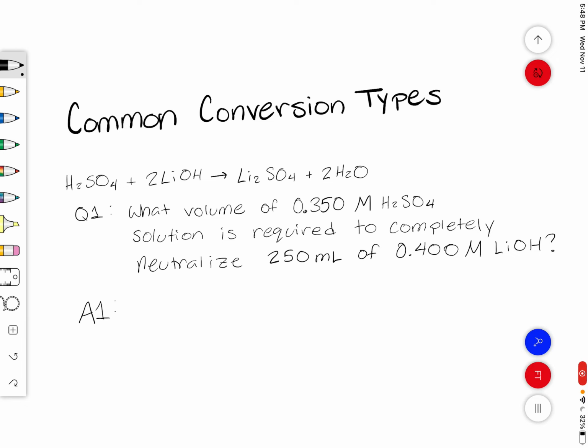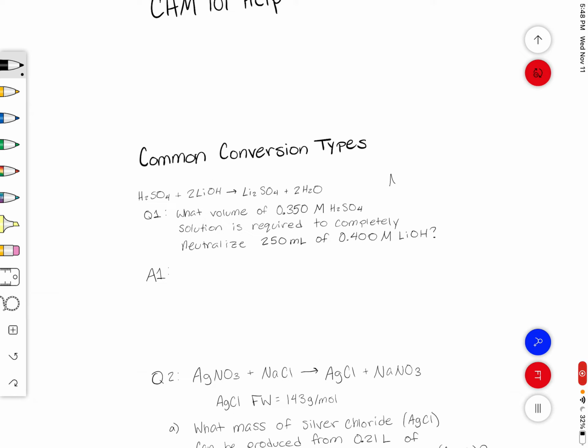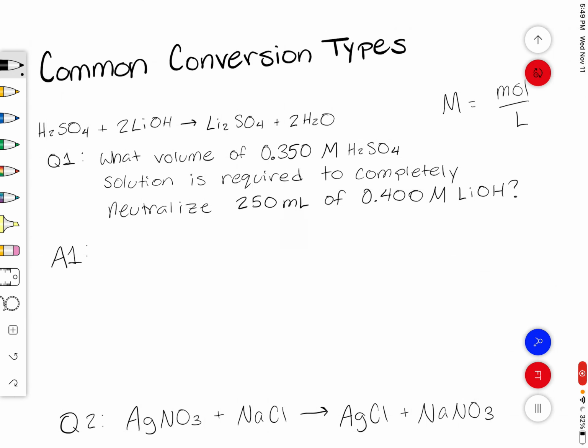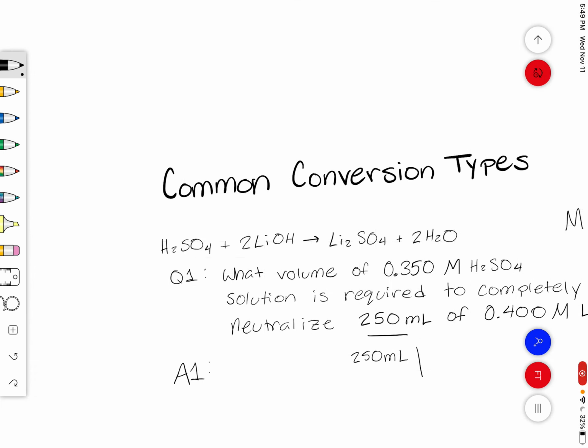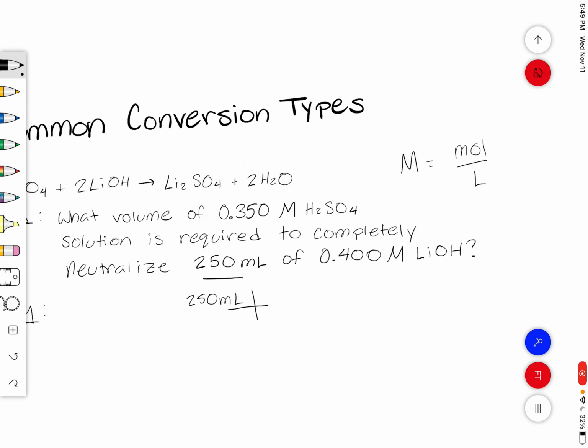So you know that molar equals moles per liter. We see right here that we have 250 milliliters. To convert that, you would do 250 milliliters, build your little railroad tracks, and then you know that 10 to the third milliliters is equivalent to 1 liter.